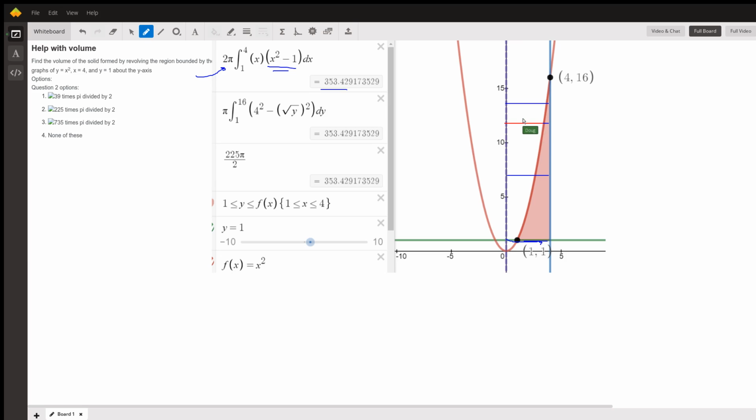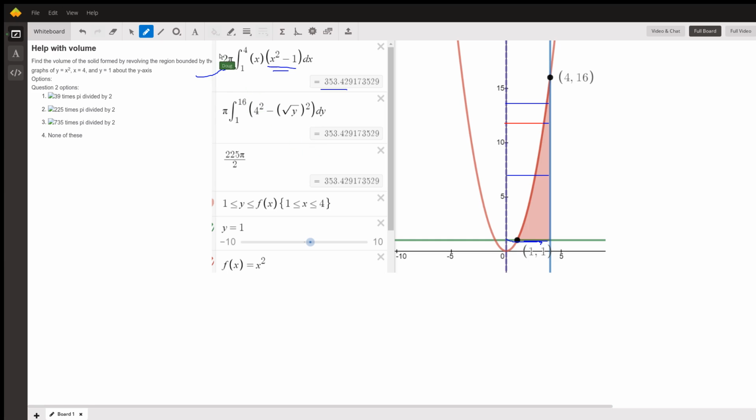And that's an x distance. So that means we have to solve the equation y equals x squared for x in terms of y. For each y, that distance is the square root of y. But the square root of y squared, of course, is just going to end up being y.